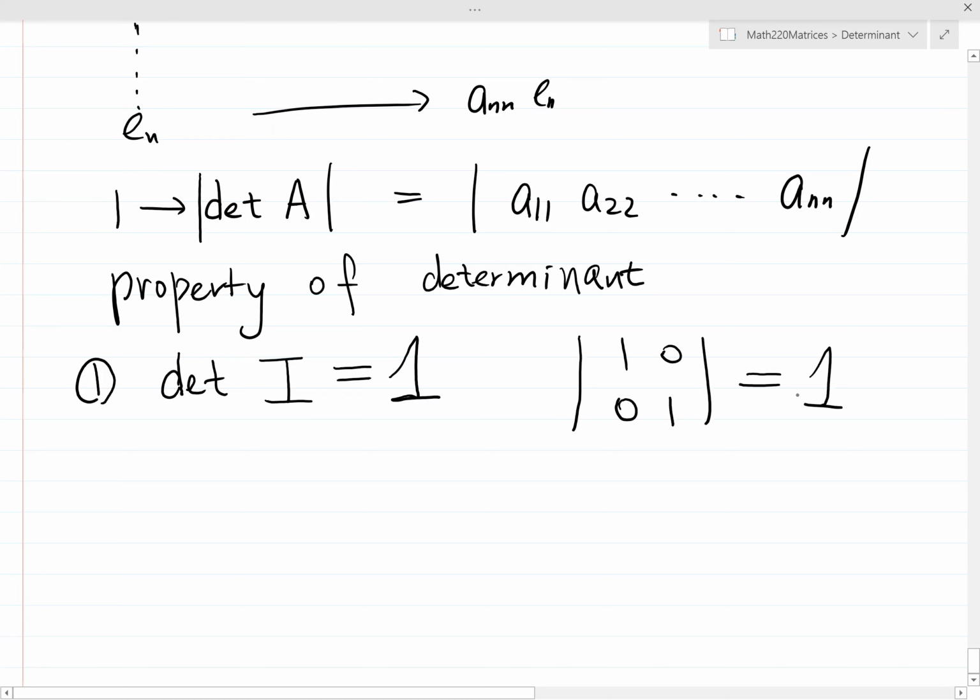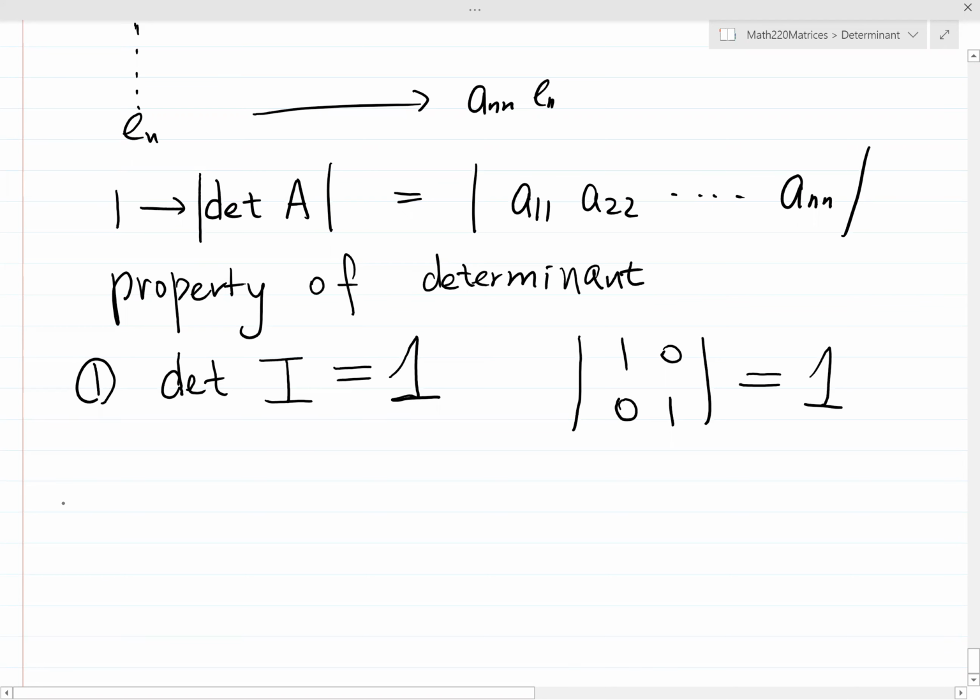It's trivial because the identity does not change anything. So you plug in the unit box, volume 1. The output is the unit box again, volume 1. So the volume does not change. The change is multiplication by 1. So the identity has determinant 1.